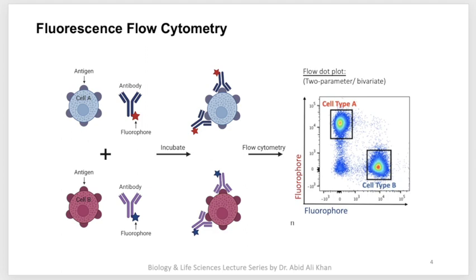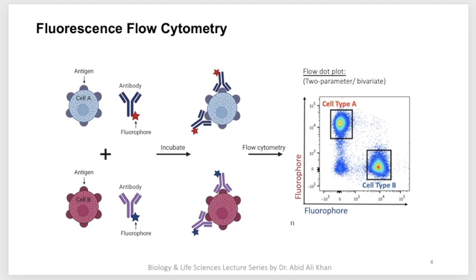And as you can see in this particular x versus y histogram, we have the presence of both cell A as well as cell B. This means in this particular example, in this mixed population of cell A and cell B, both of these cells contain these antigens.